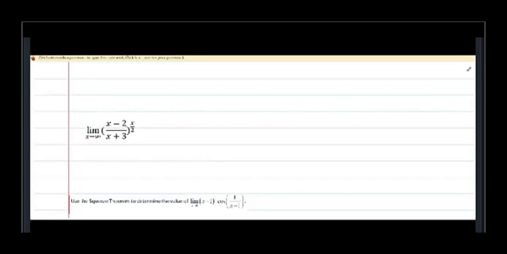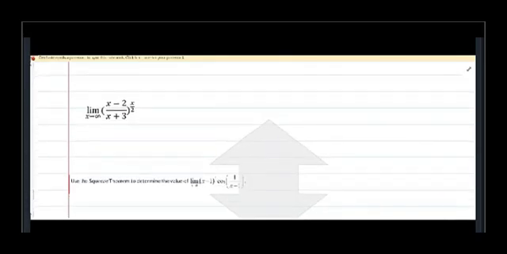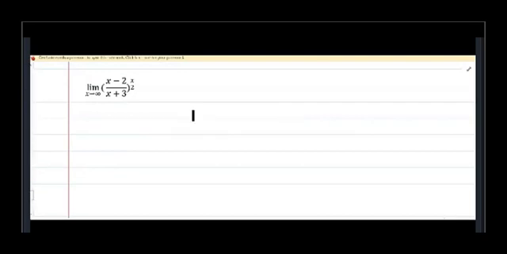Another example here is the limit of (x minus 2 over x plus 3) power x over 2 when x approaches infinity. If I substitute infinity, we need to know about ratio functions, which I will introduce in section 3, because this needs prior knowledge about how to calculate the limit of a ratio function at infinity.